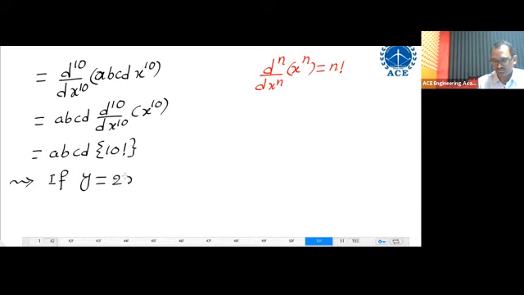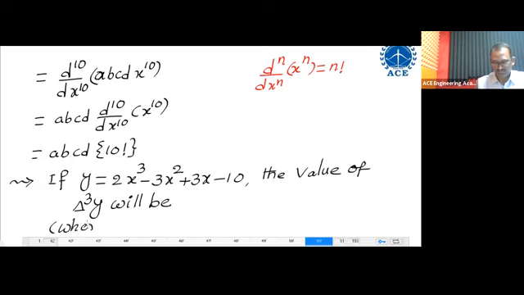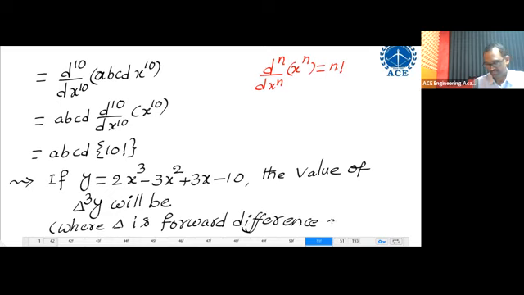If y is equal to 2x cube minus 3x square plus 3x minus 10, the value of delta cube y will be, where delta is forward difference operator.